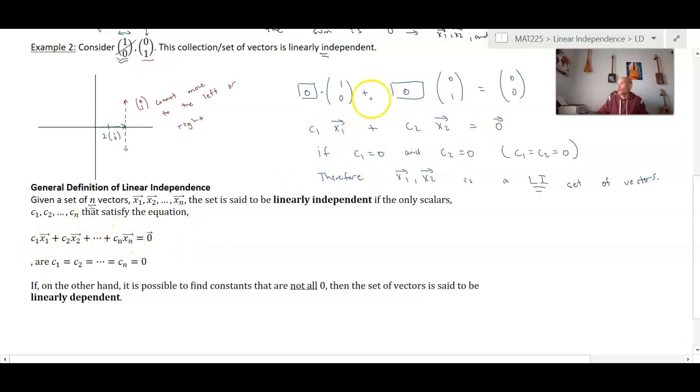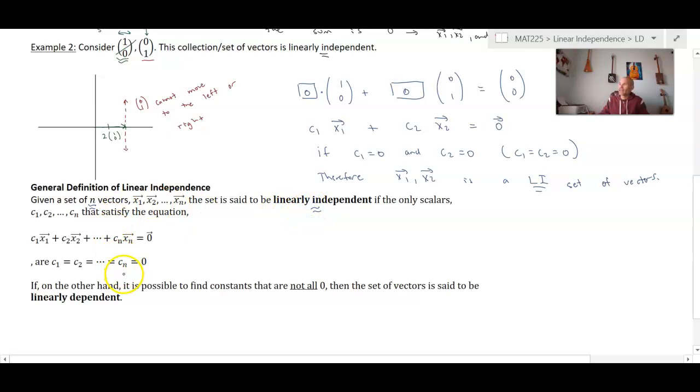You can see that's really just a more general, broader version of what we've done in these last two examples. If the only way for that to equal the 0 vector is where c1 equals c2 equals, basically, all the coefficients are 0, then the set is linearly independent.